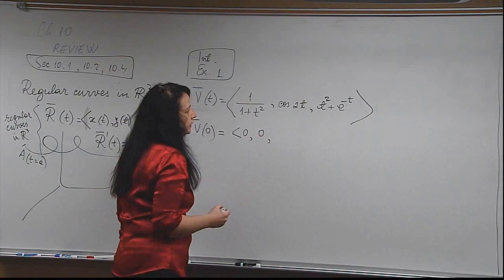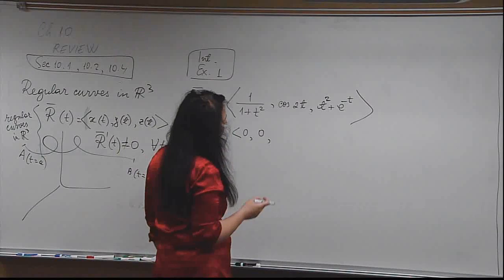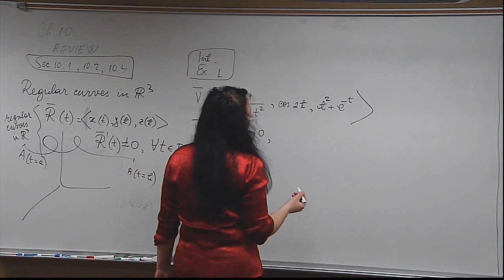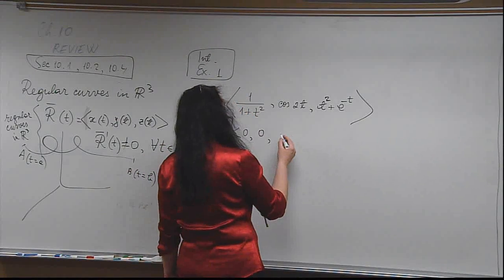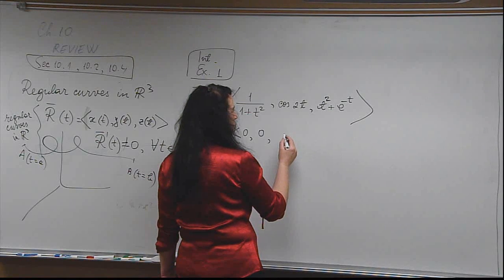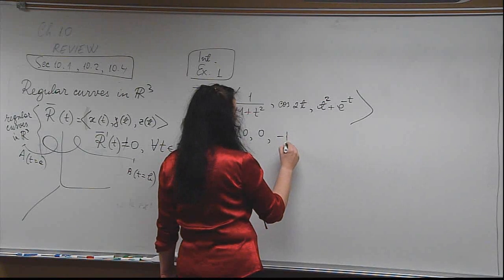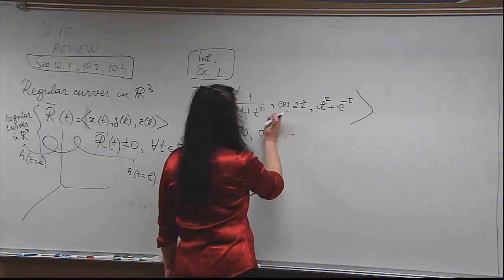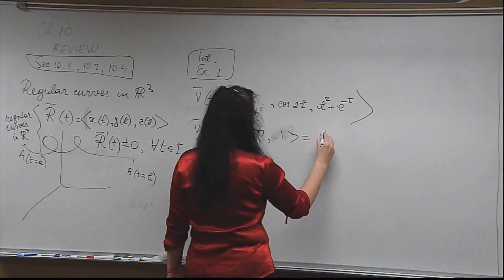and that takes a little bit of thinking. I don't know. How about minus 1, no, 1, which would be just k.